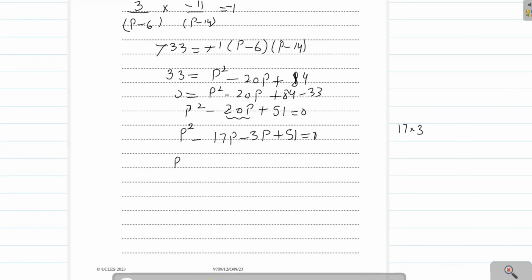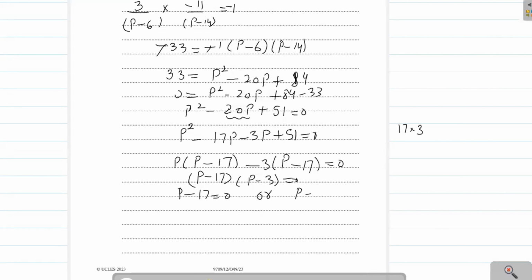We take the common P minus 17 and we take minus 3 as common. That would be (P minus 3) into (P minus 17) equal to 0. Here the value of P minus 17 equal to 0 or P minus 3 equal to 0. Therefore, P equal to 17 and P equal to 3.